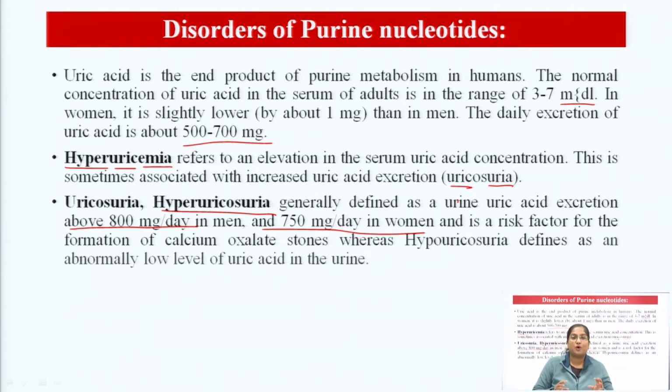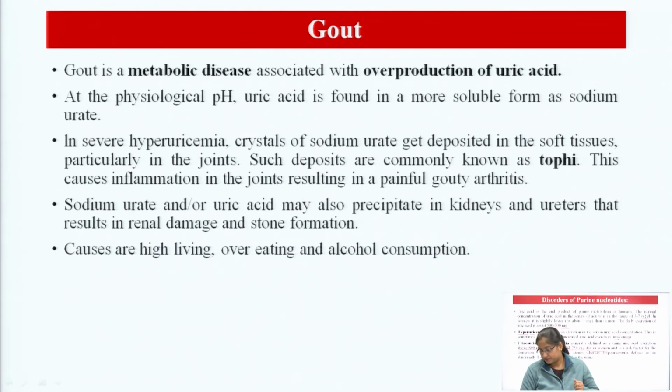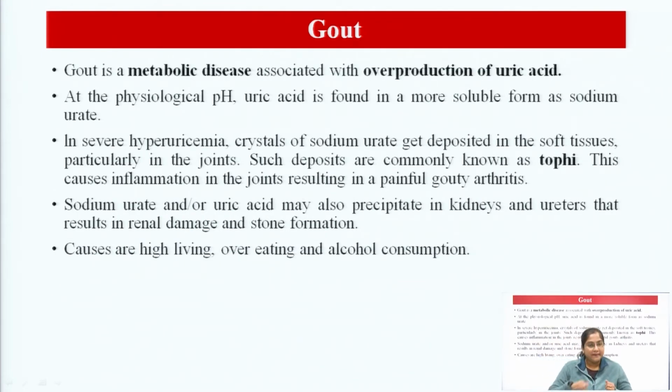So there is a huge possibility that a person with a higher amount of uric acid in the blood, who is also excreting uric acid through urine, has accumulation of uric acid in the body, because there is hyper production of uric acid. What will happen if there is deposition of uric acid? That deposition will ultimately convert into gout.